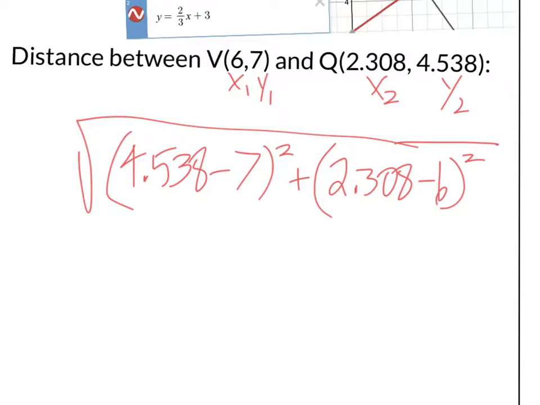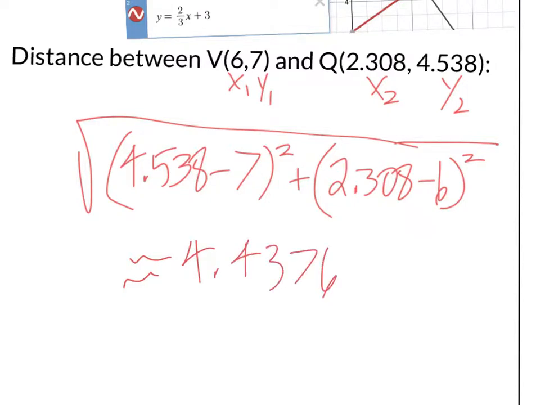Remember, when you get your answer, it should always be positive. If not, you'll likely get an error message. If you got a negative number inside of your radical here, that means you probably forgot to put parentheses. But anyway, when you type all this into your calculator, you get approximately 4.4376.